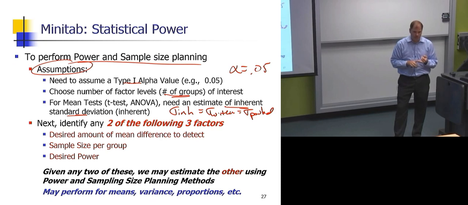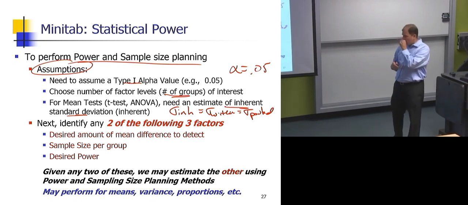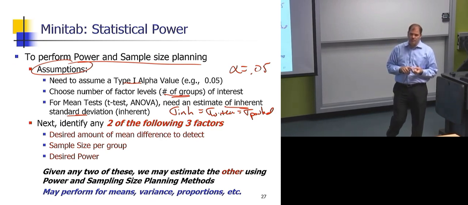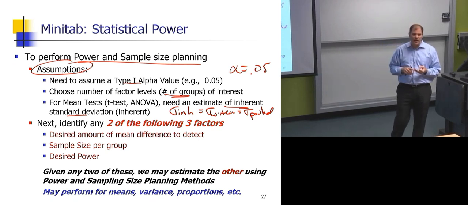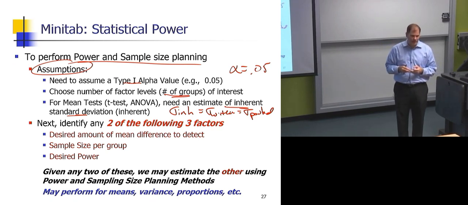These are our assumptions. Then there are 3 levers we can pull. You tell me the amount of difference and the sample size, I'll compute the power. Or tell me the power and the sample size, I'll tell you what difference you can pick. In other words, you give me 2 of those 3, leave the third one blank, and then let the software answer that question.